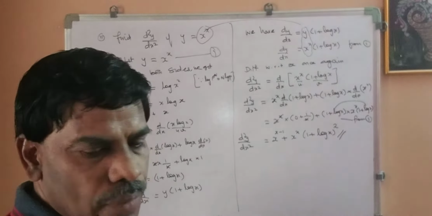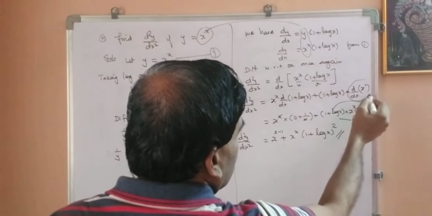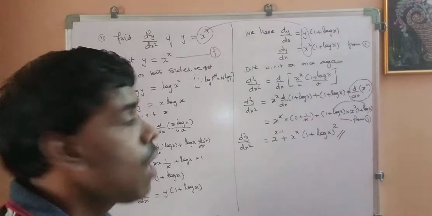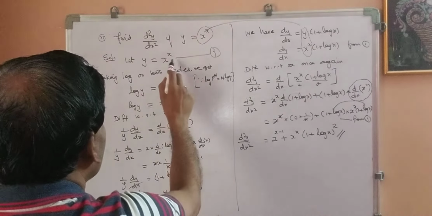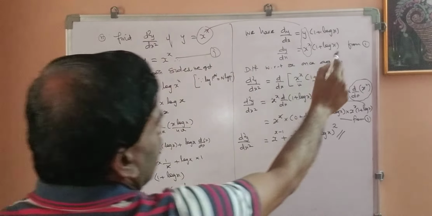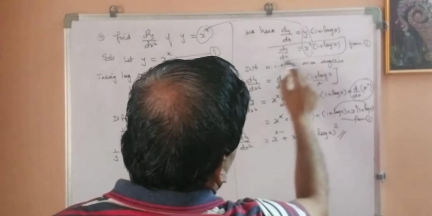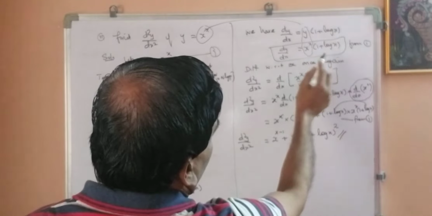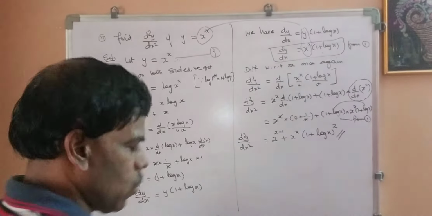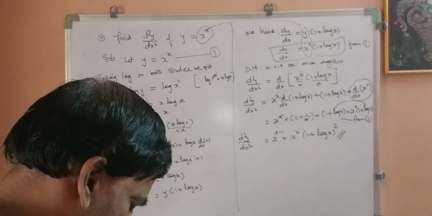Keep u, differentiate v. Keep v, differentiate u. So here we have to differentiate x to the power x. But what is the derivative of x to the power x? It is here. This is the derivative of x to the power x. So we have substituted, so we have got that answer.